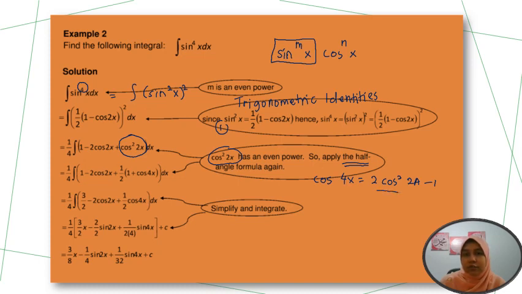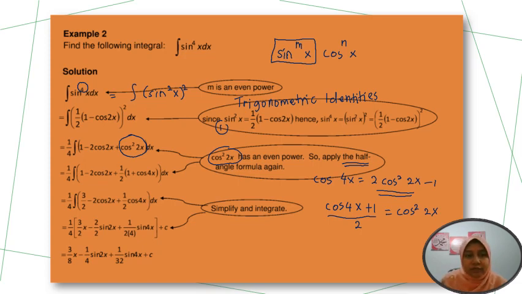So we want to find cos square 2x, which equals 1 plus cos 4x over 2. So cos square 2x is 1 over 2 times 1 plus cos 4x.